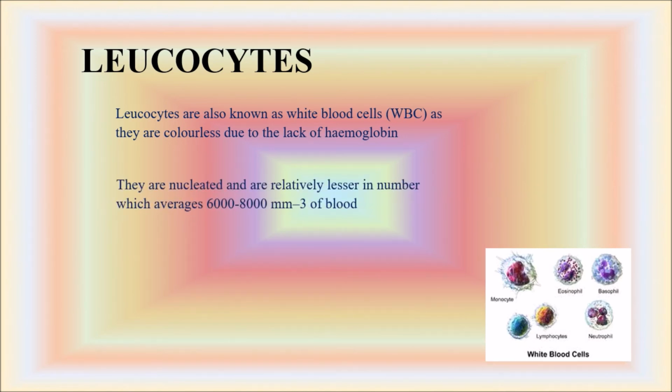They are nucleated and are relatively lesser in number, averaging 6000 to 8000 per cubic mm of blood. Leukocytes are generally short-lived.